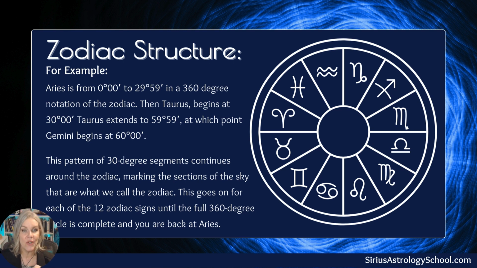So from 30 degrees to 59 degrees and 59 minutes, that's Taurus. And then at 60 degrees, Gemini begins. This is the pattern that goes through the zodiac so that you can understand how we understand the zodiac. This pattern of 30-degree segments continues around until we complete the cycle of 360 degrees.